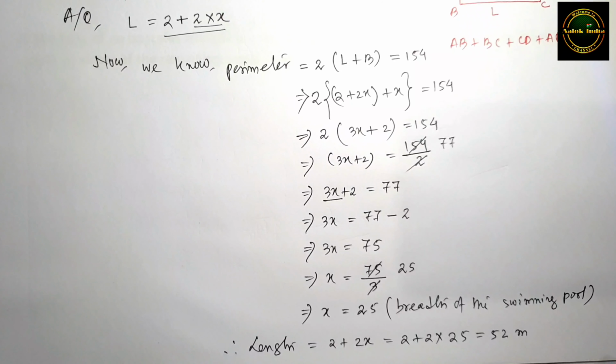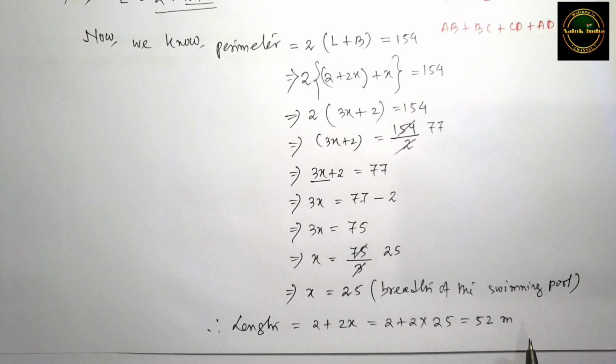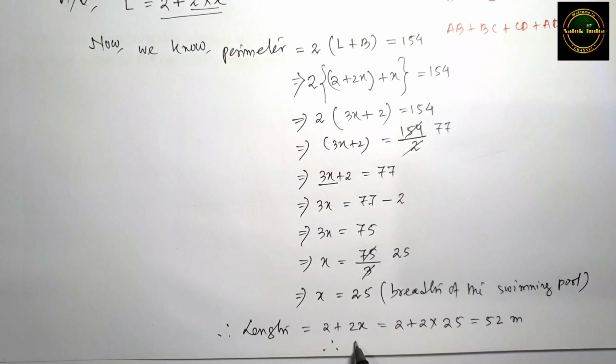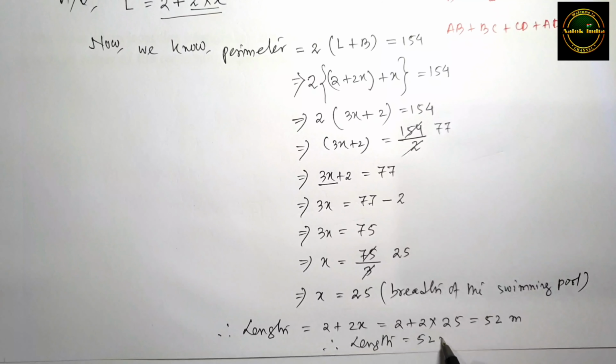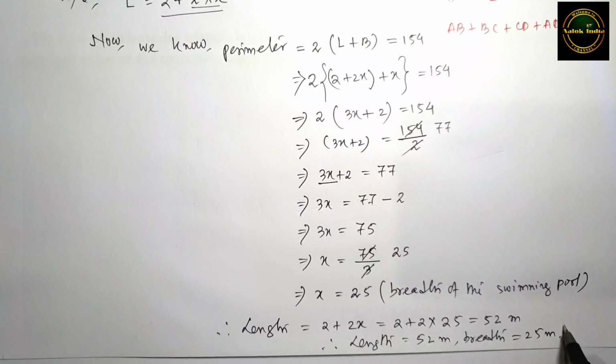So the length is 52 meter and the breadth is 25 meter. Therefore, length is equal to 52 meter, breadth is equal to 25 meter of the swimming pool. So here it is solved.